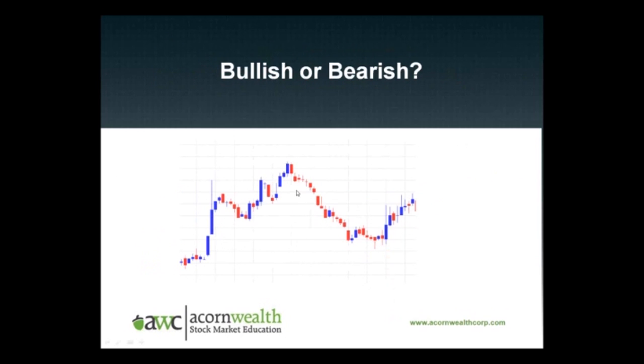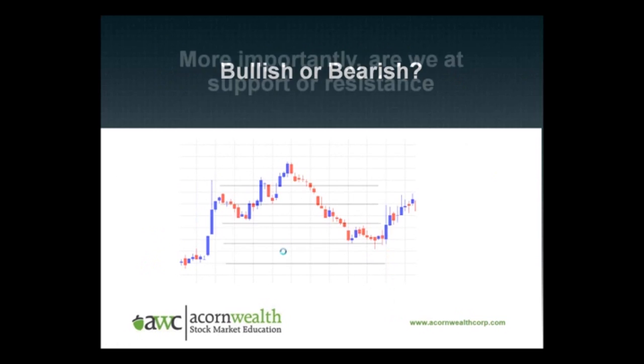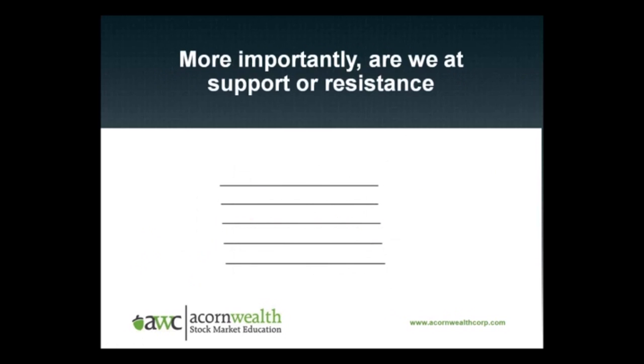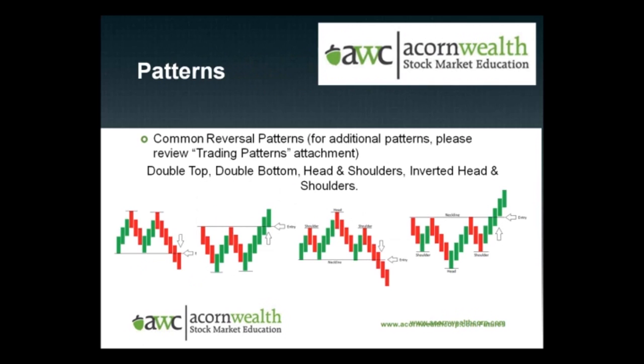So again, once we start to look at the market, bullish or bearish is replaced with, are we at support or resistance? Patterns. You might have seen some of these mentioned by some of the other speakers today.